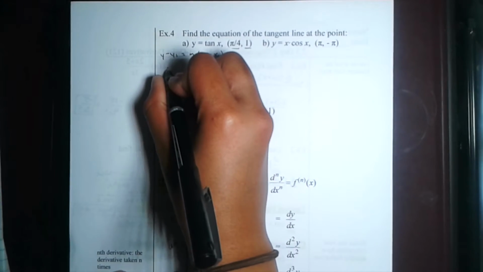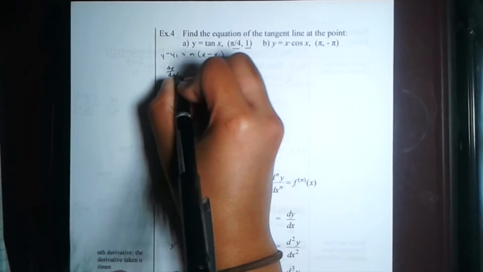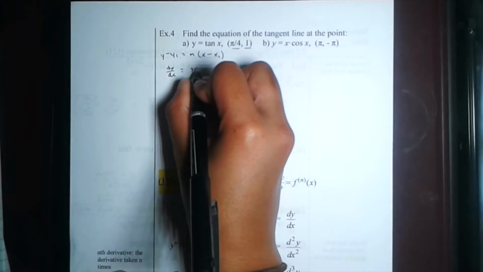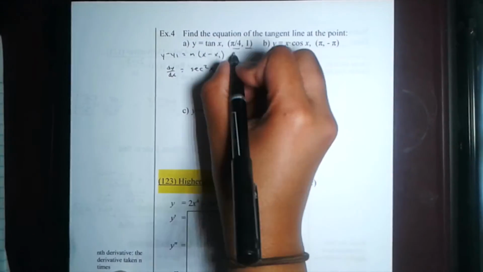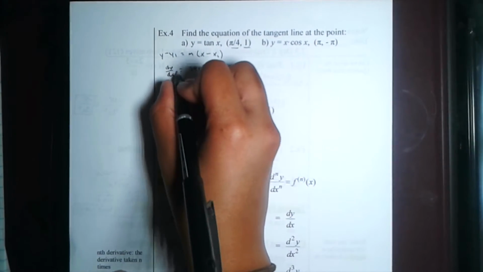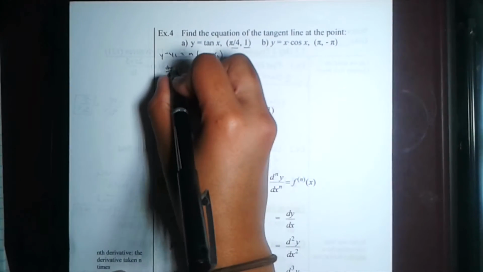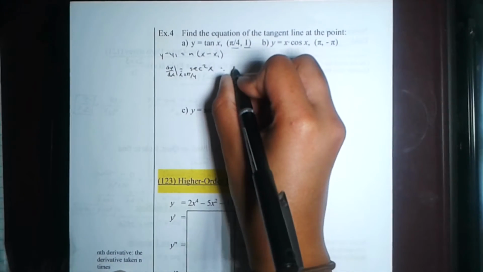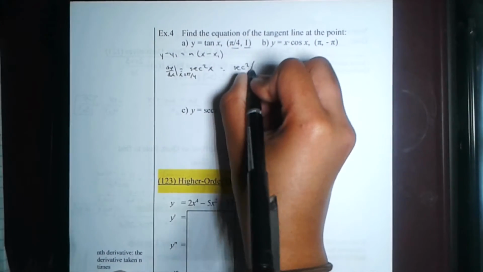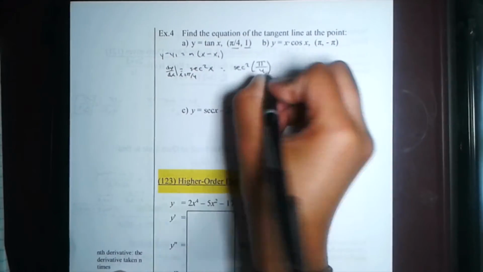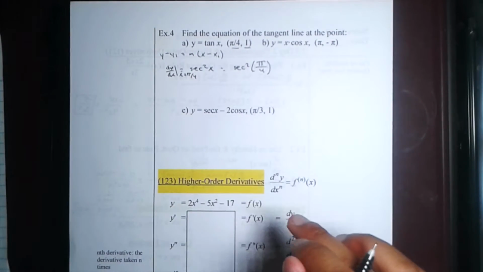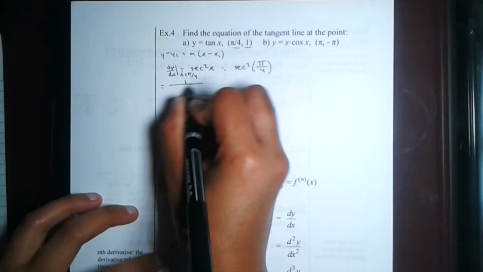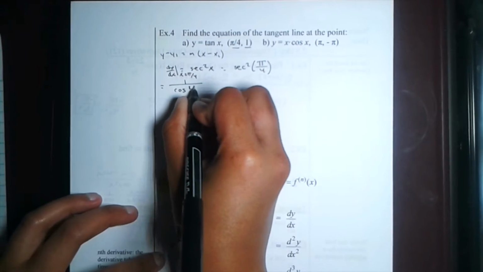So dy dx, the derivative of tangent is secant squared x. You plug in your x, so secant squared at pi over 4. That's the same thing as 1 over cosine squared pi over 4.